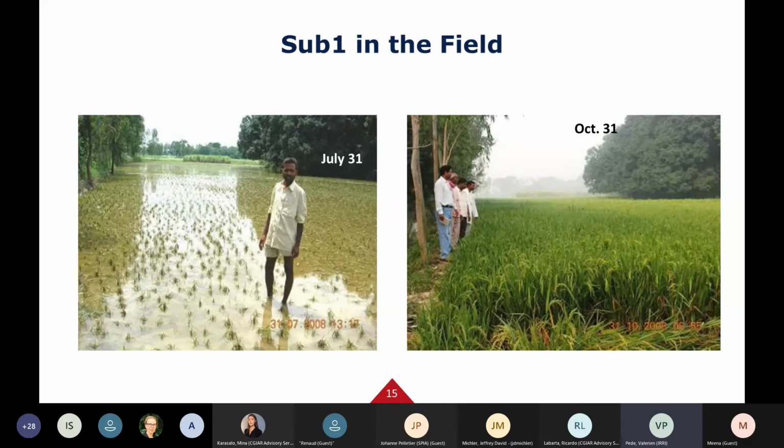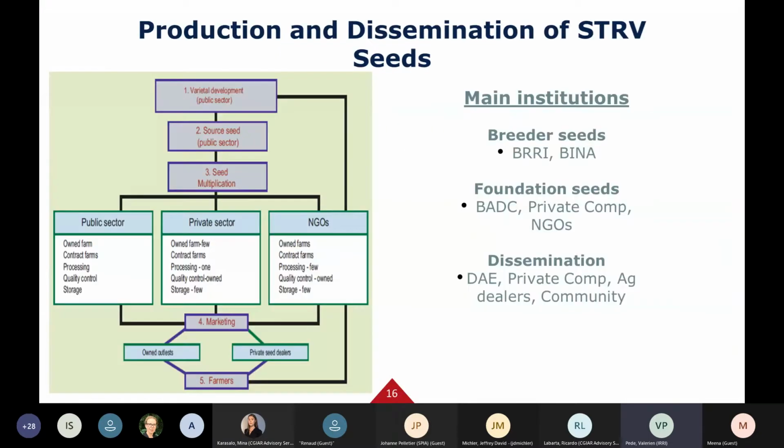So throughout the preparation of this proposal, as Jeff mentioned, we have been seriously engaged in collecting data to show evidence of dissemination and also adoption. So what you see here on the left is the framework that describes the seed production and dissemination in Bangladesh, for example.